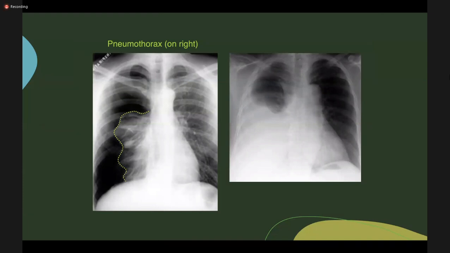And what about this other X-ray? Now focus here on the same right side. Fluid, excellent. So this fluid, most likely, could be hemothorax, blood. Hemothorax. Are we fine?